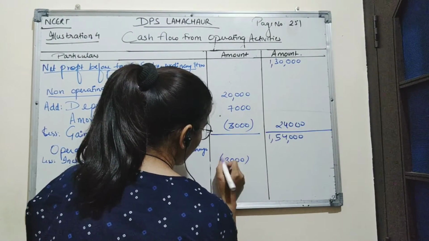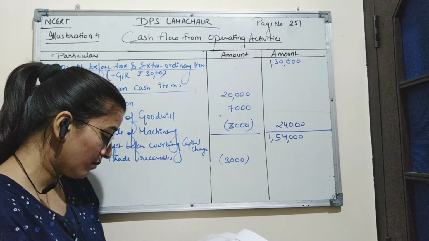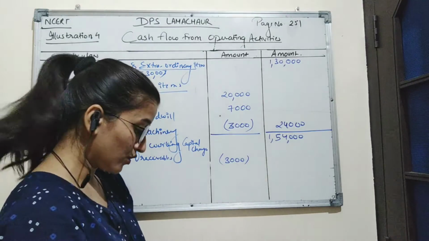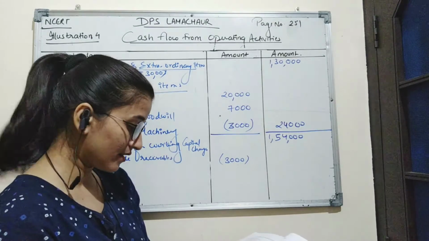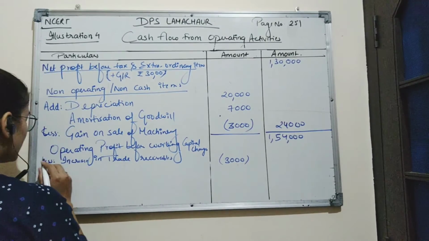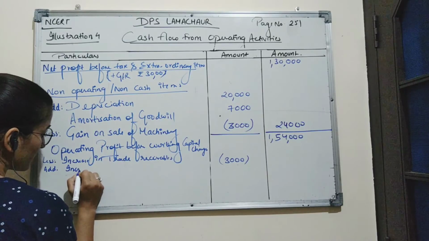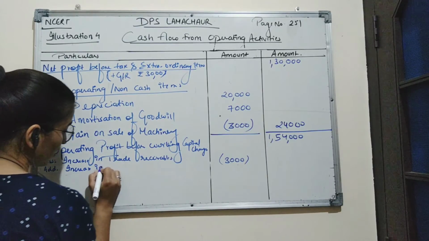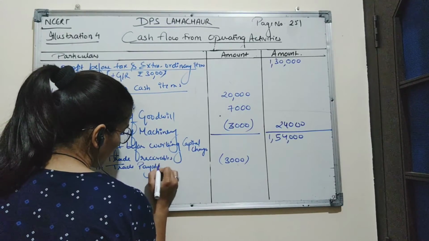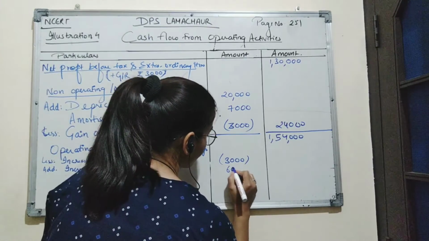We will show the negative value by putting the bracket. Next point is trade payables showed an increased balance of rupees 6,000. So here current liability is increasing. Current liability is always added when it is increasing. So we will add increase in trade payables, and the amount is rupees 6,000.